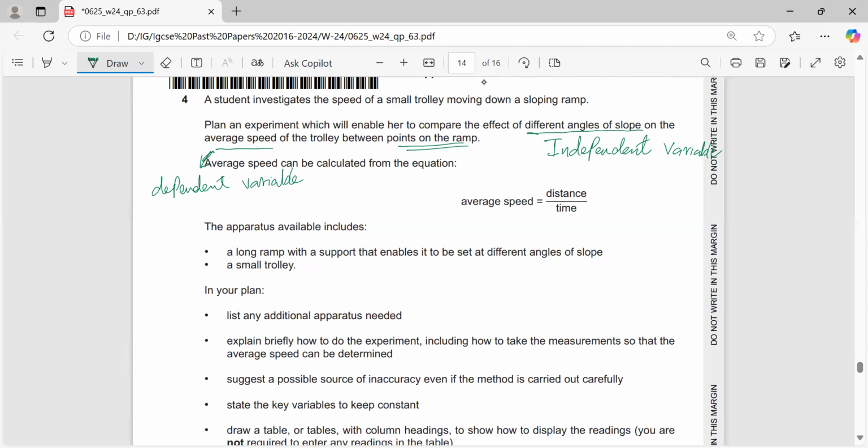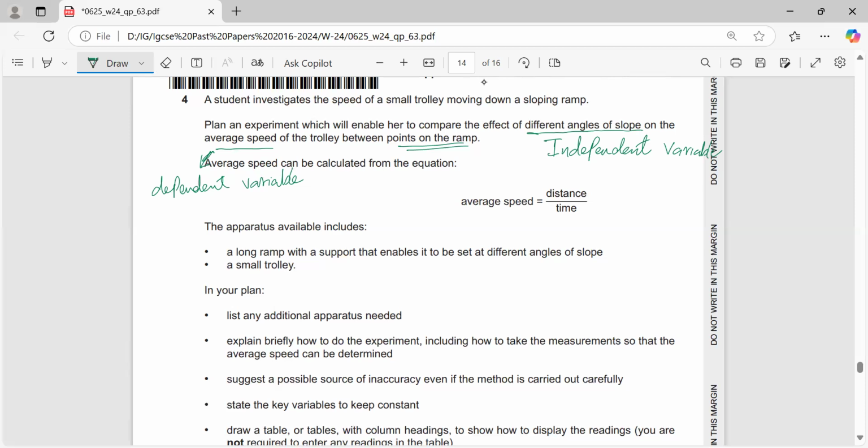So the variable which is changed by the teacher or the student, the physical quantity which is changed while performing the experiment, that is the independent variable. And as a result of that change, the other quantity, linked to it, is changing, so that will be the dependent variable.